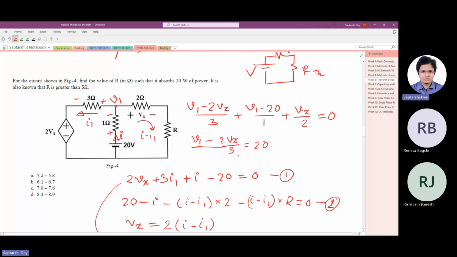That is equals 20 you are saying. Yes, sir. This 3 is this 3 ohm resistance, right? Voltage by resistance should be current 20. I think you are taking from the voltage here.